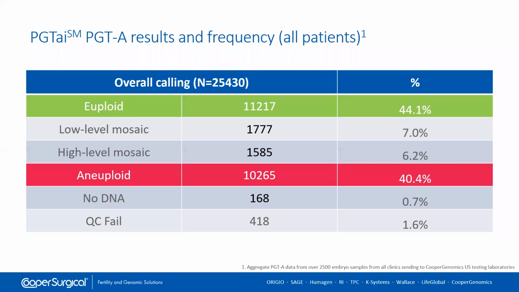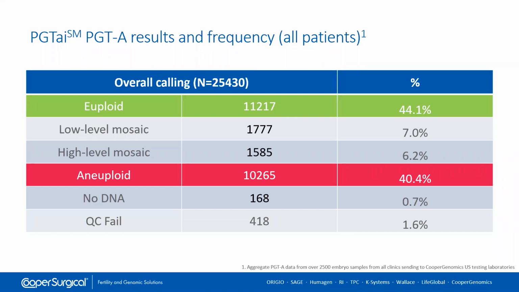Really, what I want to highlight here is that between the euploids and aneuploids, you have 85% of all your embryos coming back with a clearly defined euploid or aneuploid answer. So even with mosaicism, it's a relatively small percentage of embryos which come back with a mosaic score.